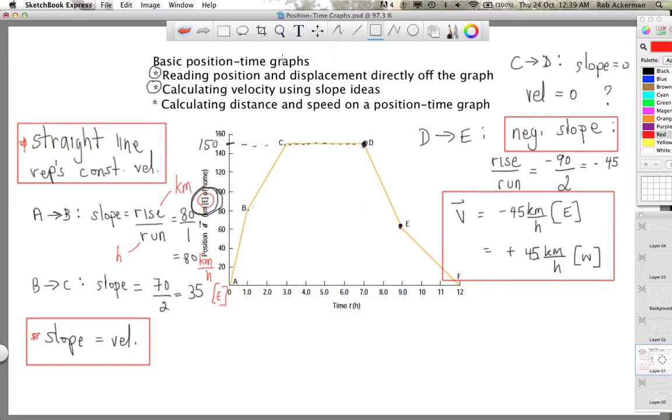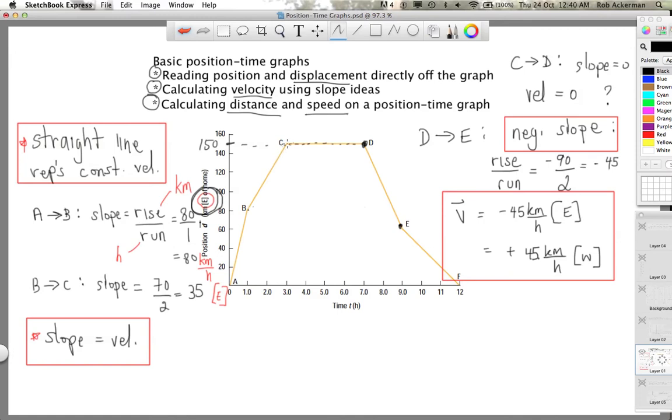Okay? One last thing for a position time graph. We've been talking about velocity, but we've left out velocity's cousin, speed. If you recall, speed comes from distance, whereas velocity comes from displacement. Since displacement and distance are different, therefore velocity and speed are different. What would be the total distance traveled in here? Let's take a look. You go 80 kilometers to the east.